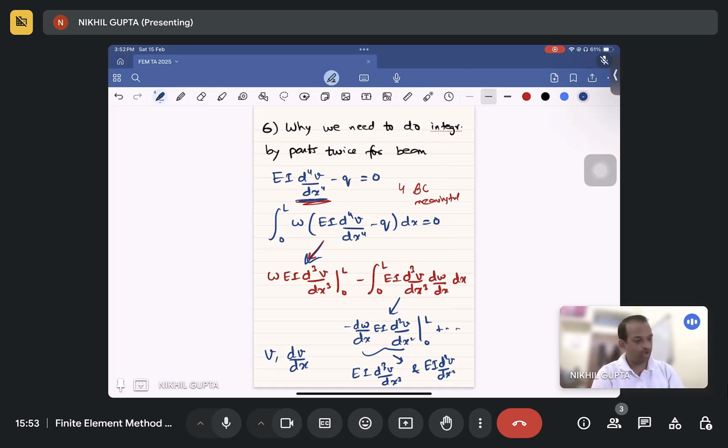Do you know how I have written these four boundary conditions from this? Is it clear? Yes, it's clear.